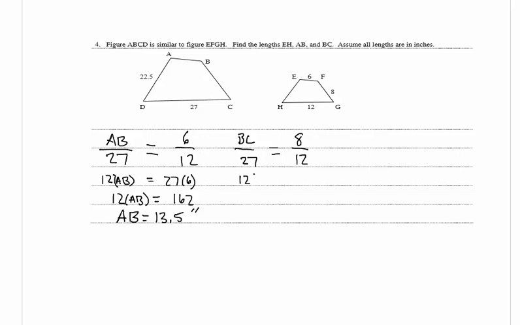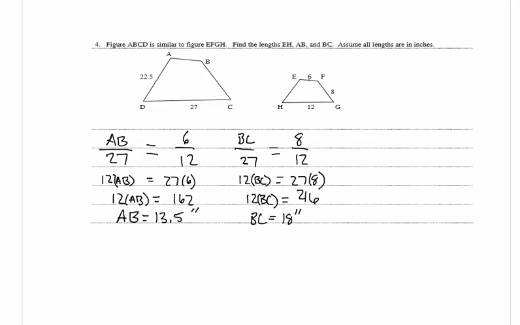So we have 12 times BC is equal to 27 times 8, and 27 times 8 is equal to 216. So we have 12 BC is equal to 216, and 216 divided by 12 is equal to 18. So we have BC is equal to 18 inches.